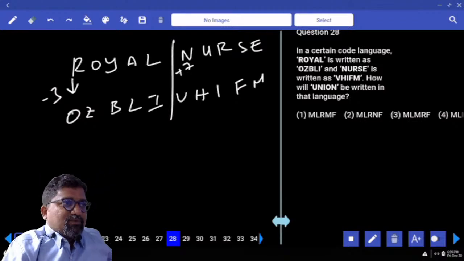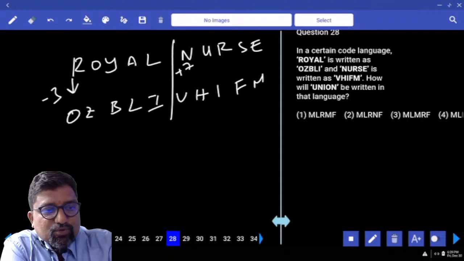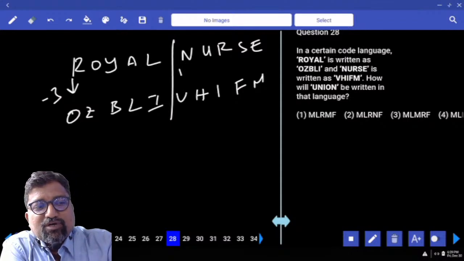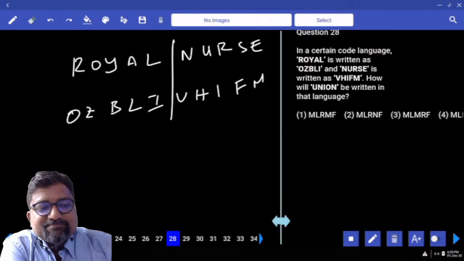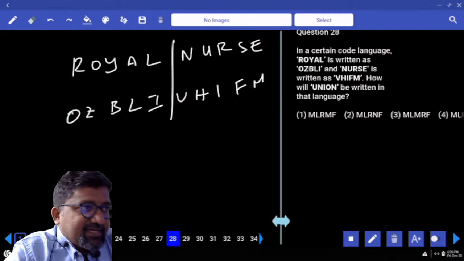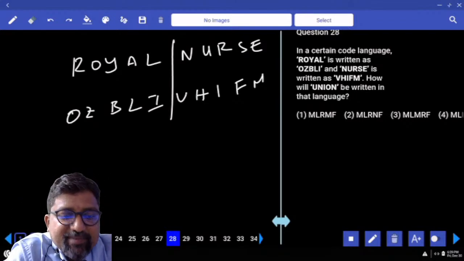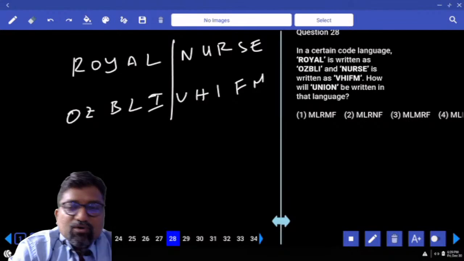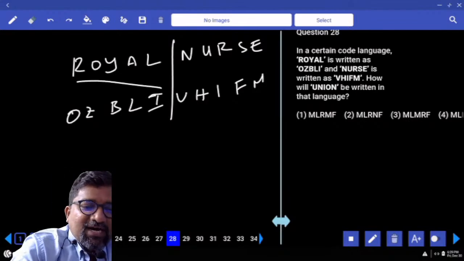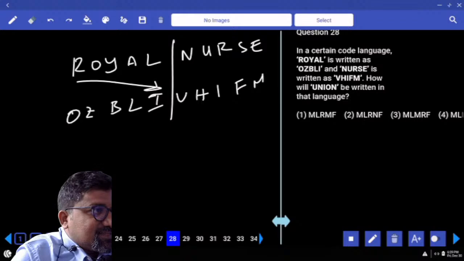Am I getting the same logic? No. When he's giving two words and their codes, obviously the logic should be the same on both sides. Is it clear? So I am not getting the answer in a straightforward way. When I don't get the answer in the straightforward way, immediately my duty is to go in reverse. R-I, done.